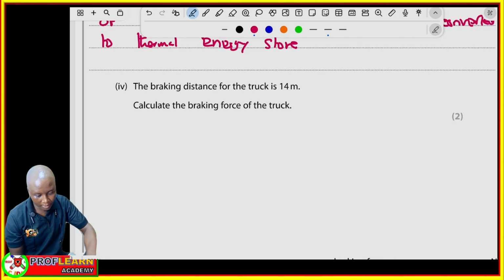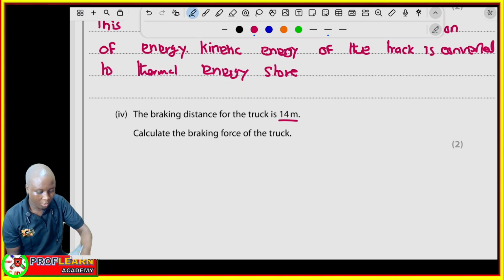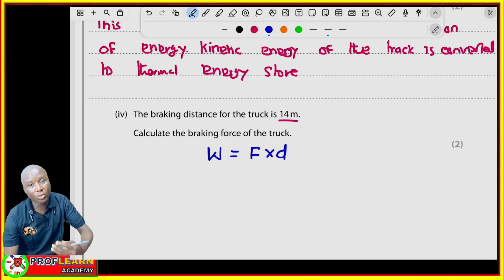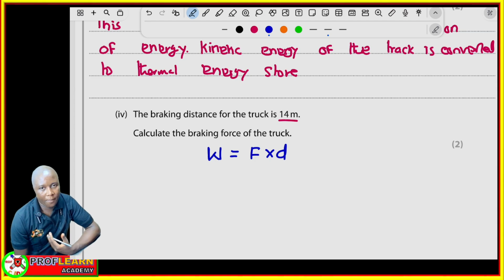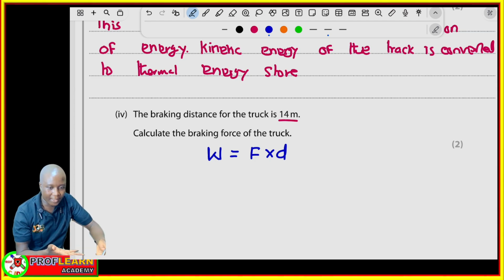The braking distance for the truck is 14 meters. Calculate the braking force. In order to work this out, we're going to relate the two. Work is equal to force times distance, and we're going to use the concept that the kinetic energy is equal to the work done.